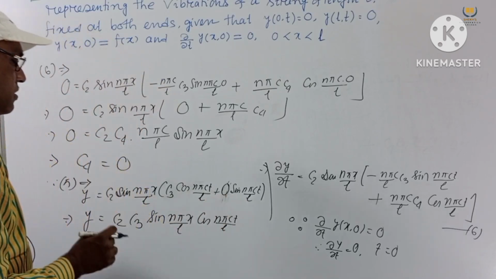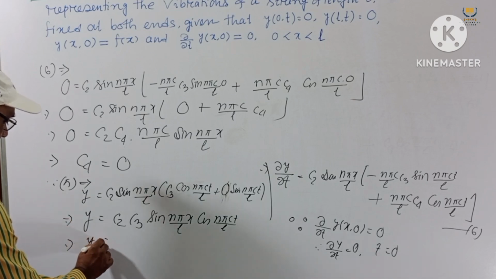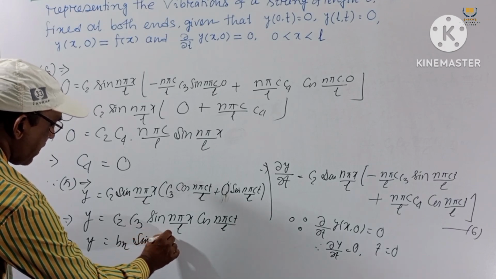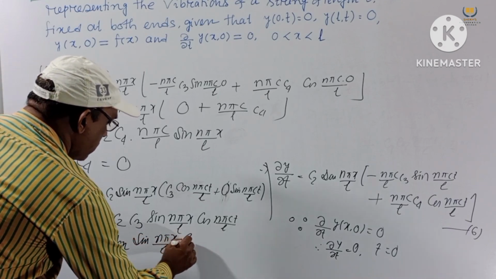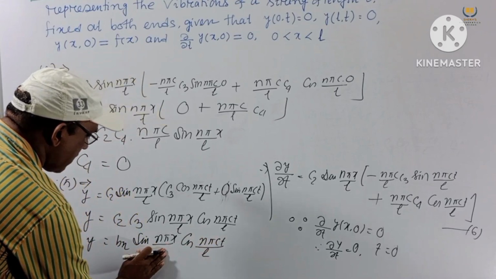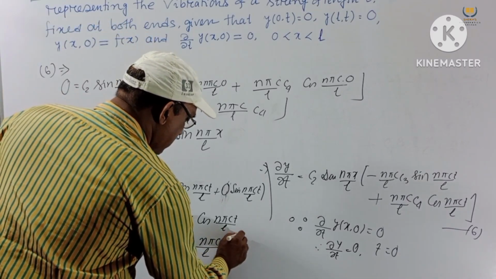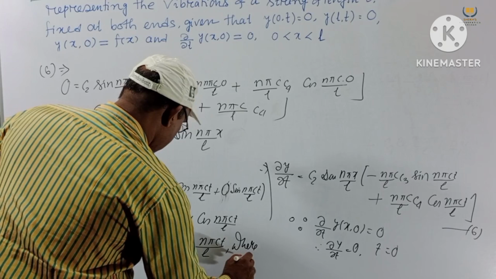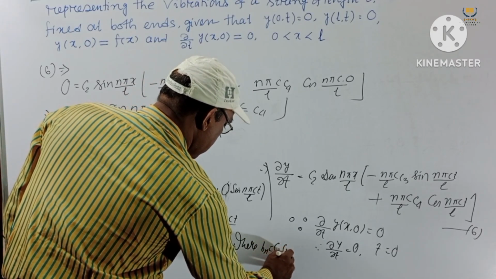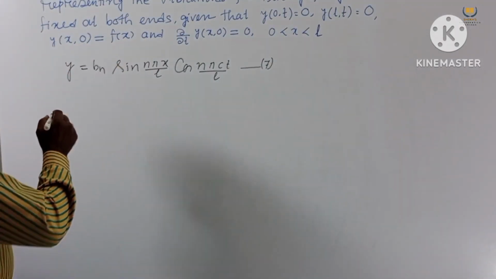So finally, putting this, y equals bn sin(nπx/L) cos(nπct/L), where bn equals C2 C3. This is equation 7. Now y(x, 0) equals f(x).